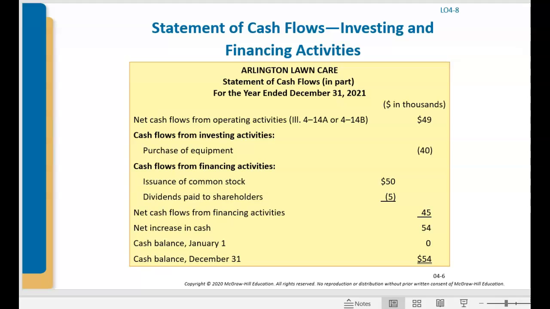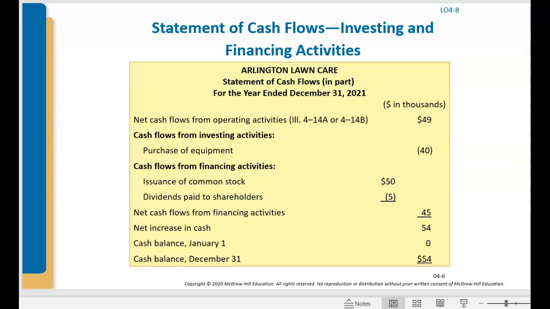The last one is the cash flows for financing activities. And here you would look at your long-term liabilities and your equity. In this example, we only see equity transactions, and issuance of common stock would be a cash inflow, and dividends paid to shareholders would be a cash outflow.